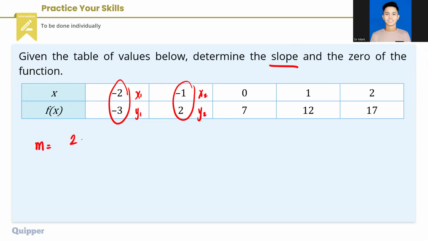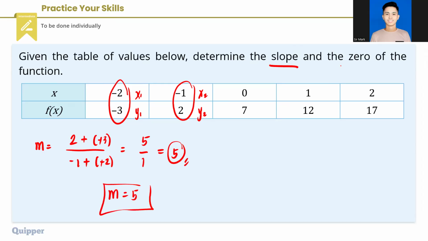Y sub 2 minus y sub 1 over x sub 2 minus x sub 1. Simplify. This will become plus plus. Same goes in the denominator. 2 plus 3 is 5, and negative 1 plus 2 is positive 1, which will give us positive 5 as the slope. So m equals 5.